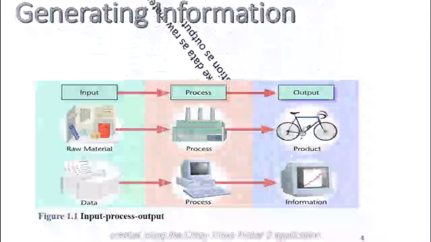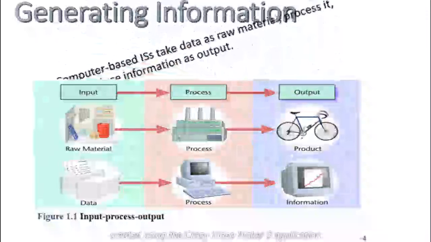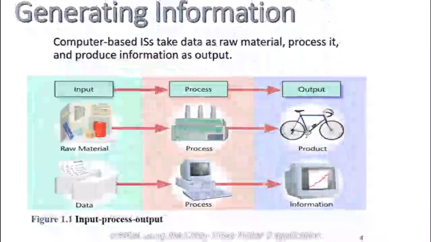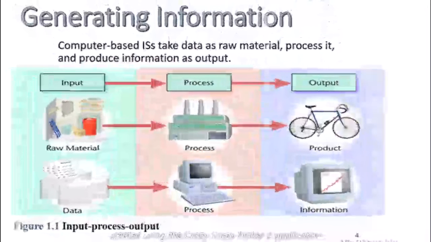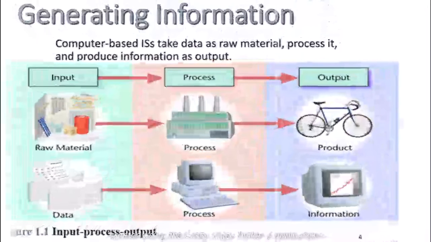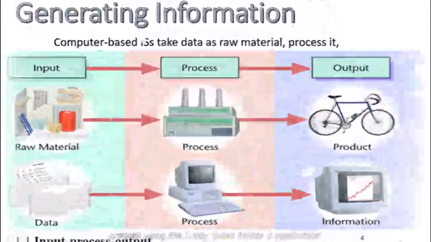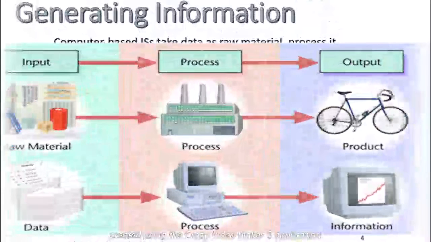Likewise in an organization, we collect data as a raw material, we process it and bring it out as an output. As you can see here, this is a raw material. The industry will process it and then bring it out as a product.